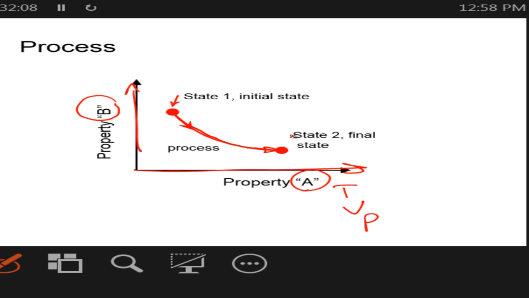We use these all the time, property diagrams. Processes sketched on a property diagram. But the process is a sequence of states, okay?